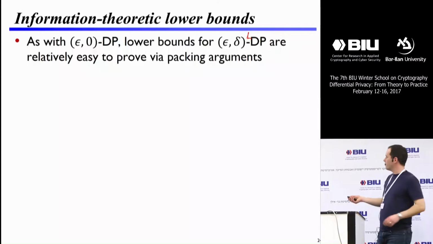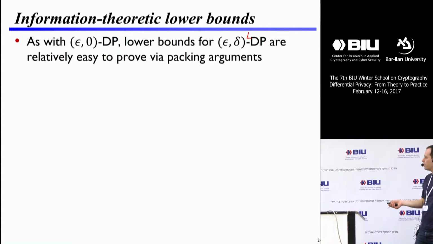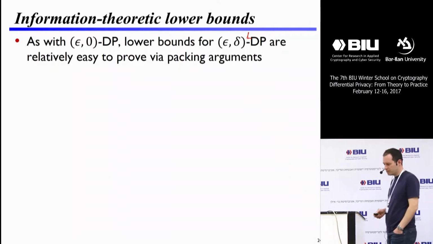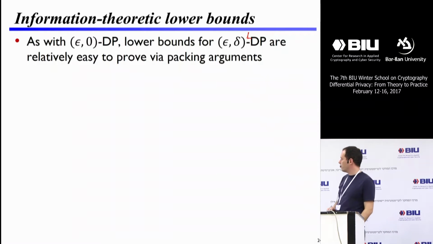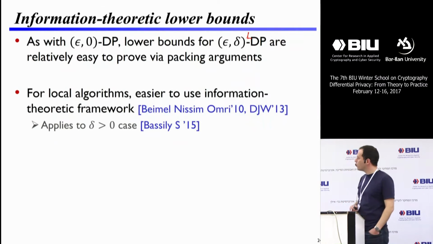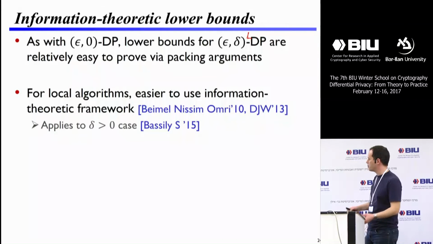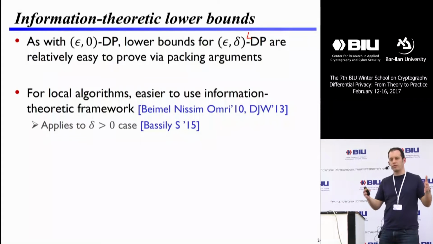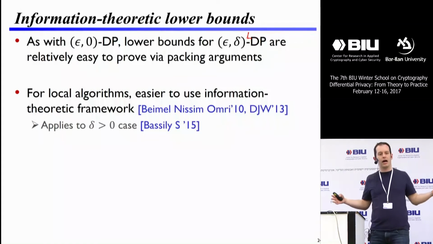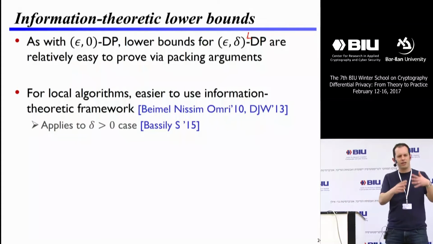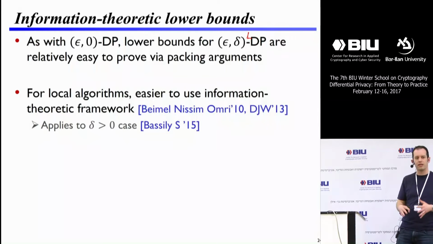Lower bounds for epsilon delta local differential privacy are relatively easy to prove via packing arguments of the kind that John outlined. For local algorithms, it's worth doing a little more effort to put these packing arguments in an information theoretic framework, and that allows us to get a cleaner version of the arguments.